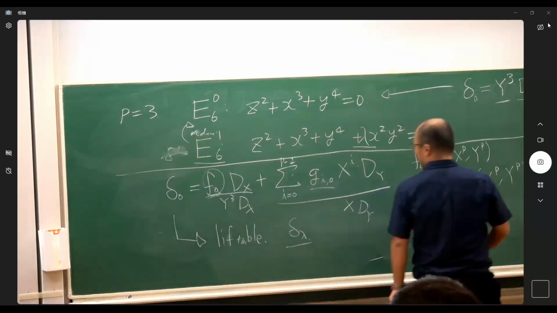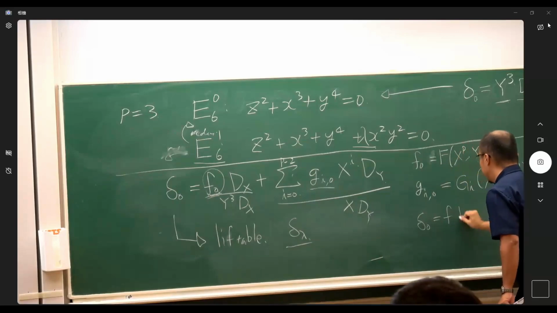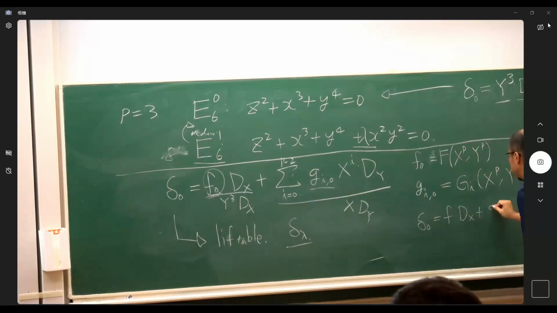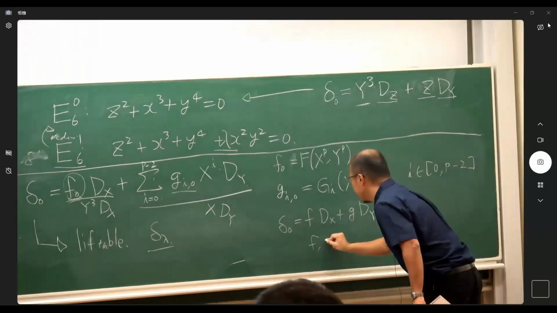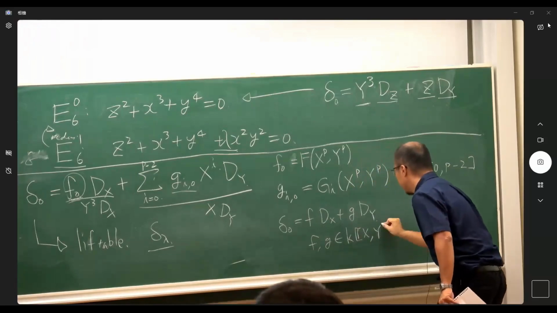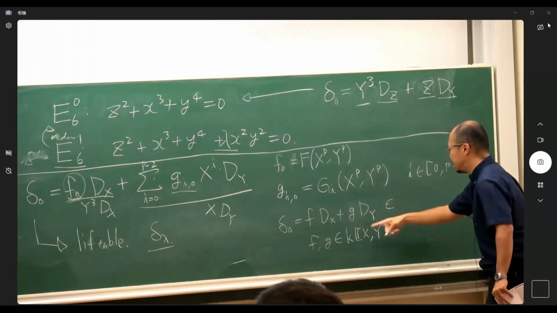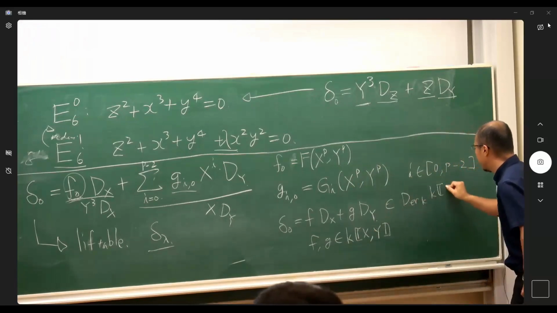So in general, delta zero can be written as f dx plus g dy, and fg is contained in k[x,y]. So this is a general description of delta over k[x,y].